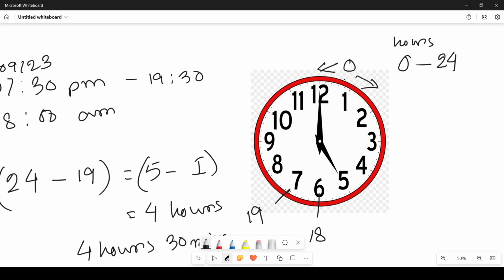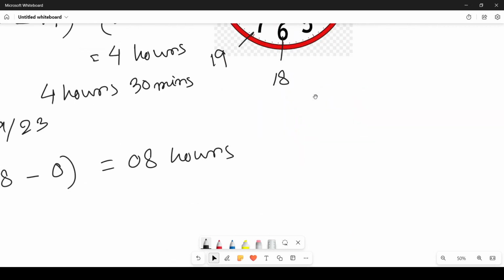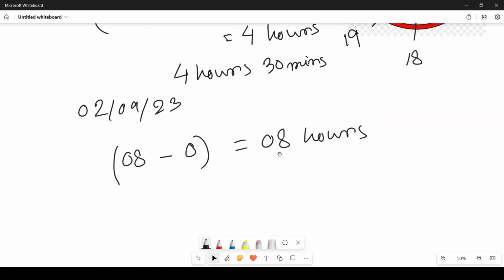Because the clock is round, this 24 and 0 overlap with each other. So when you are calculating morning, you consider it 0, and when you are calculating night, you consider it 24. The end of night is 24 and the beginning of morning is 0. So there you go, you got the value 8 hours.